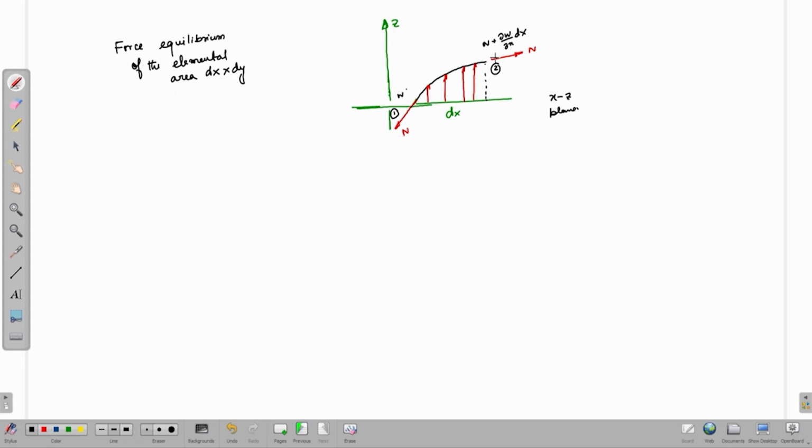Now, let us try to write down force equilibrium in the z direction. So, I missed writing here in the vertical or z direction. If I write down, then I have minus N dy del W by del x. I am taking the vertical component. I am basically taking this component.